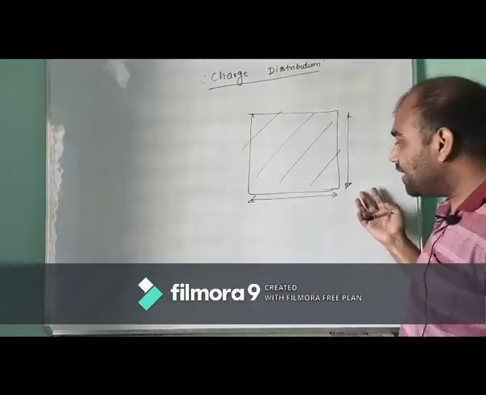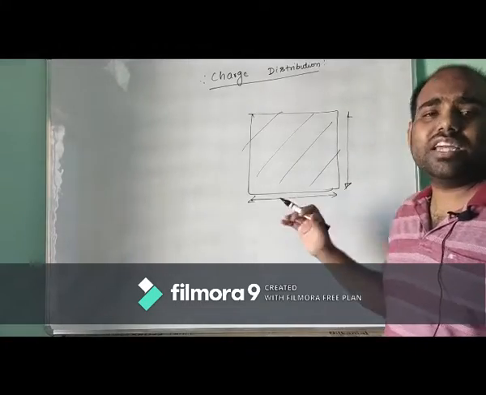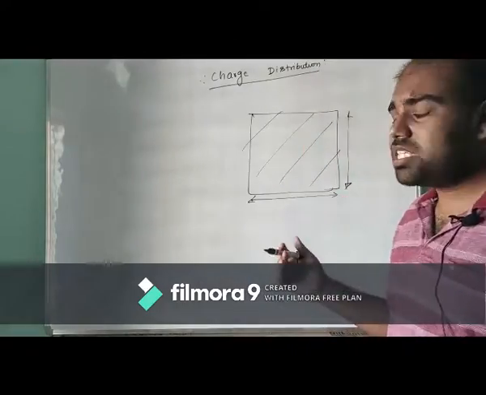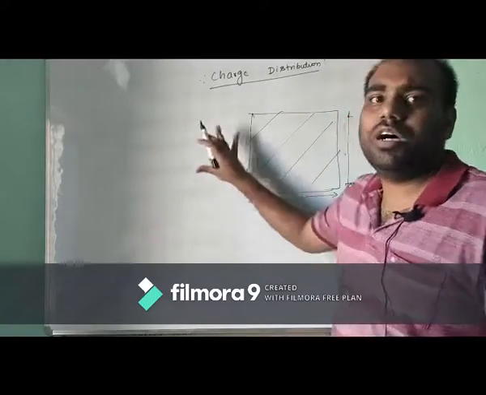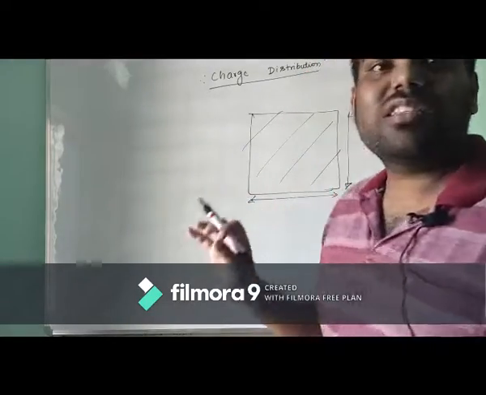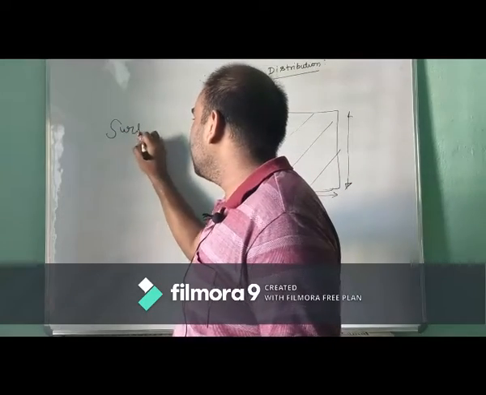We can say the thickness in comparison to the length and breadth is very small. Then in this case the distribution of charge will be basically on the surface of the body. So here we have to define the surface charge density.